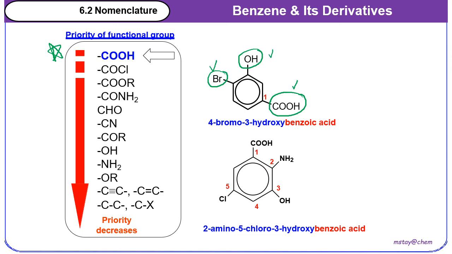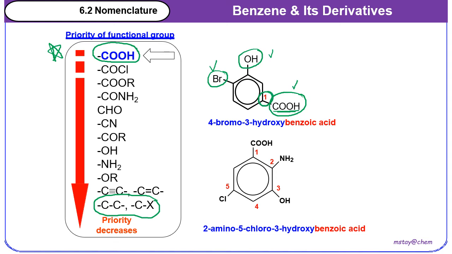Always remember that carboxylic acid or carboxyl group has the highest priority, and the lowest priority will be the carbon-carbon single bond and also halogen. In this case, we have 3 functional groups, but the one with the carboxyl group has the highest priority, so it is given 1.